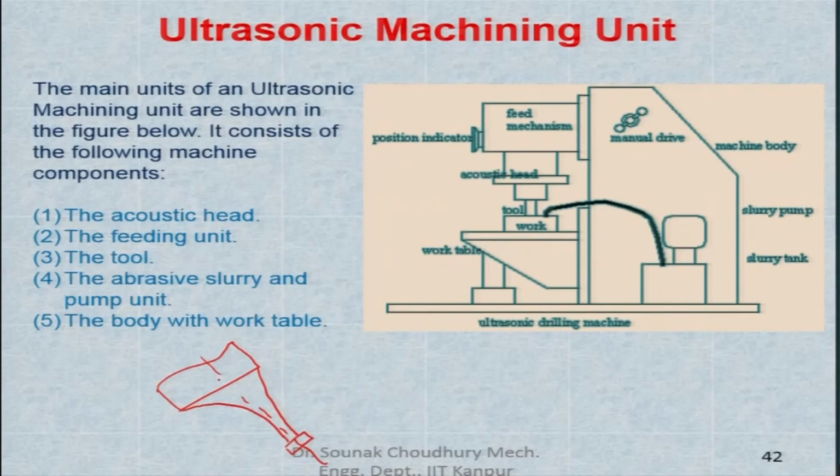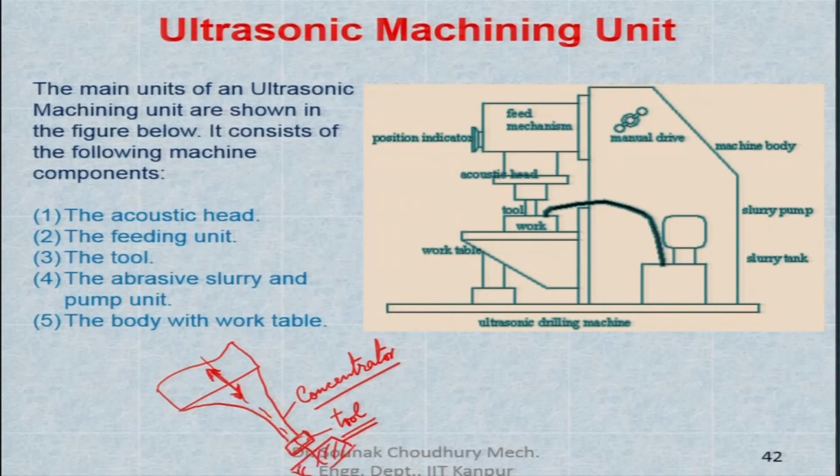You understand that this is vibrating at a very high frequency and low amplitude, and this is a concentrator, therefore it is called the concentrator. This is not shown here, this is simply said to be the tool, but this is the concentrator and this is the tool. So, the tool is mounted at the end of the concentrator, and the workpiece is here.